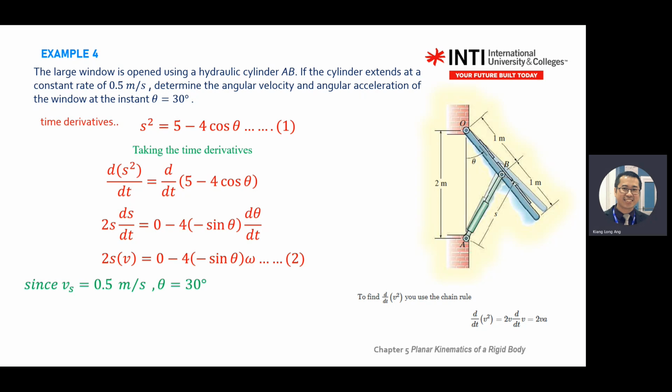Theta is here. So you can find omega. There's a chain rule here. dv square, when you do the chain rule, you can write as 2v dv dt, equal to 2va.